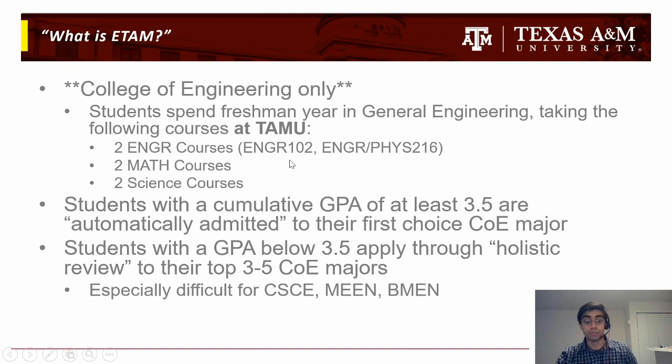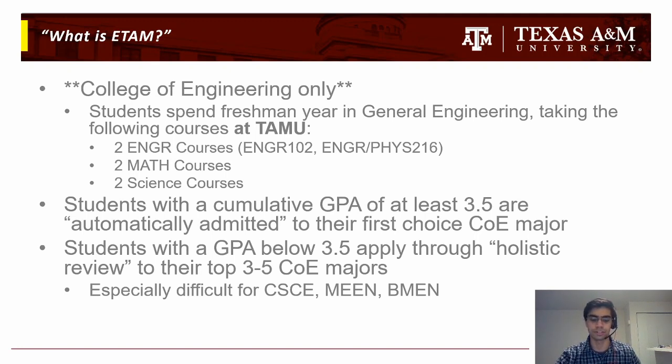Now you're applying to your major. How do you get in? And the answer is that it's mainly GPA based. So students with a cumulative GPA above 3.5, or 3.5 on the dot, are usually automatically admitted to their first choice College of Engineering major. It's an automatic ticket. As opposed to students with a GPA below 3.5, they apply through holistic review.